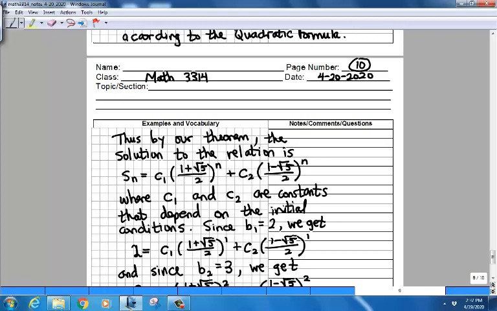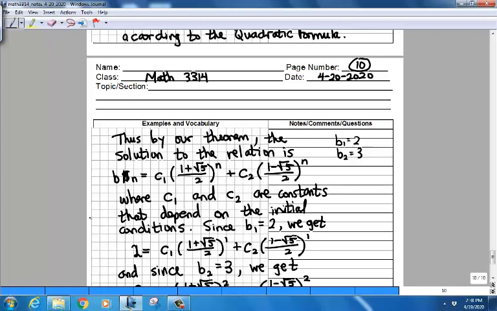So there is this very awkward solution to our recurrence relation. Now, we need to figure out what c1 and c2 are to match our initial conditions. Remember, the initial conditions were b1 equals 2 and b2 equals 3. This is supposed to be b, actually, not S.